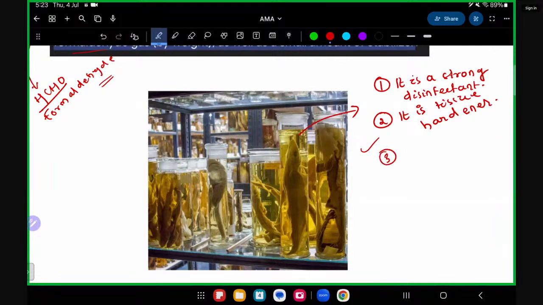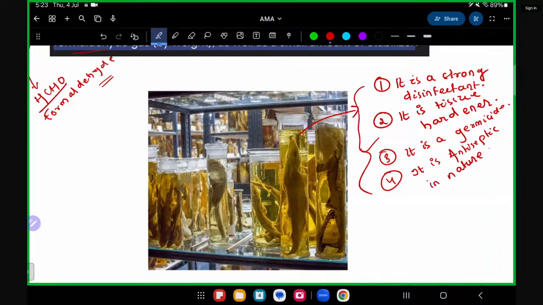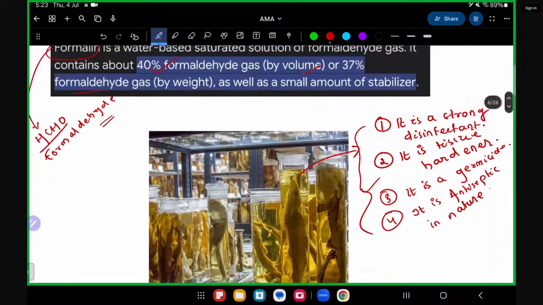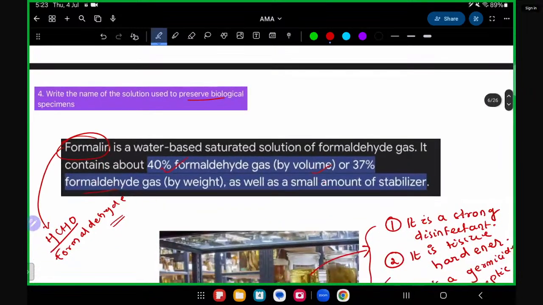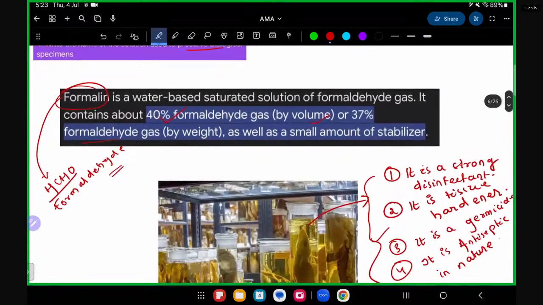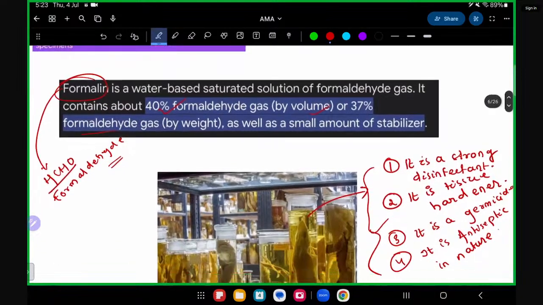Then third, it is a germicide. And fourth, it is antiseptic in nature. Due to these characteristics, formalin is used to preserve specimens in all the labs.